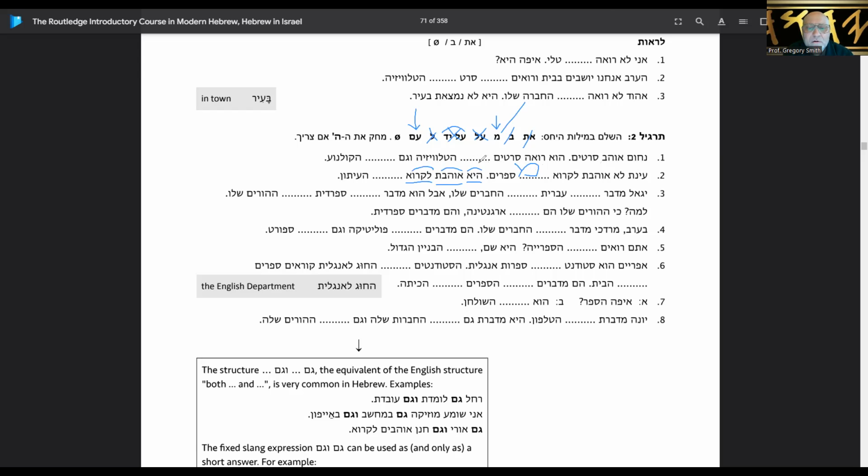Hi ohevet likro. She likes to read. So now notice this is ha'iton. It's not just iton. So in this case, my thought is when it says the newspaper, there probably is going to be a direct object marker there. Et ha'iton. So let's see what we have here. Okay, look at what they've got.